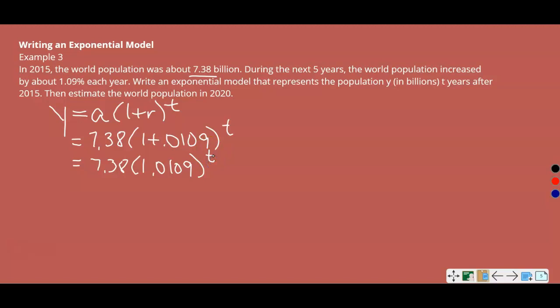And then we want to estimate the world population in 2020. 2020 is 5 years after 2015. So it says in 2015, the world population was this. During the next 5 years, the population increased. Write an exponential model that represents the population t years after 2015.